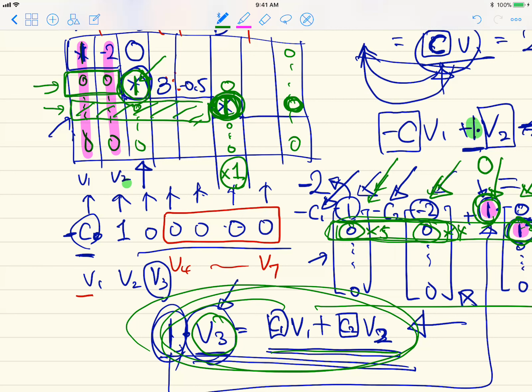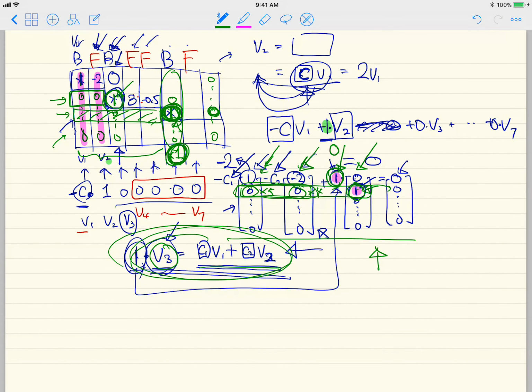Okay, so we cannot satisfy this equation by just setting the linear combination coefficient for our basic variable. So in that case, this basic variable or this column cannot be represented as the linear combination of the previous vectors, like these. Any questions about this?